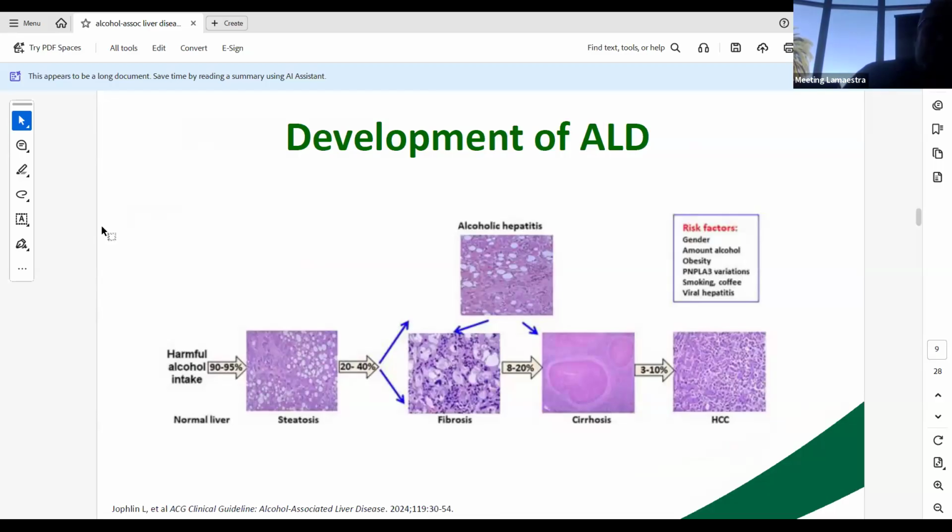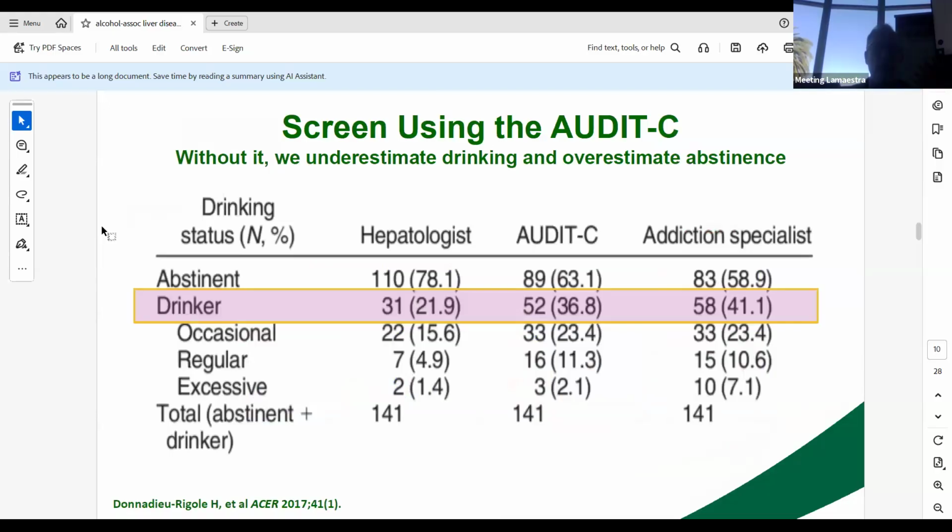All right, so making the diagnosis of alcohol-associated liver disease is typically a clinical diagnosis. We usually don't biopsy these patients, but a biopsy can be useful. The Audit C shows that if we just take a history, we're doing a poor job, but Audit C is also mediocre.